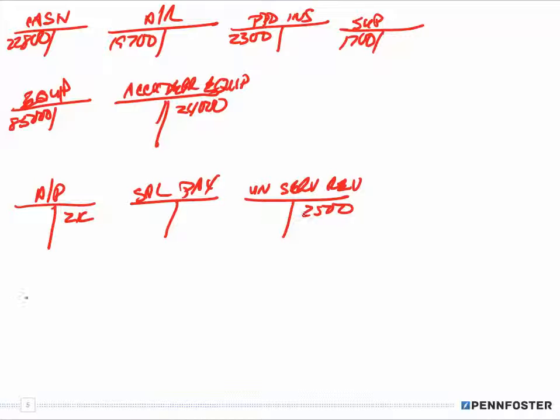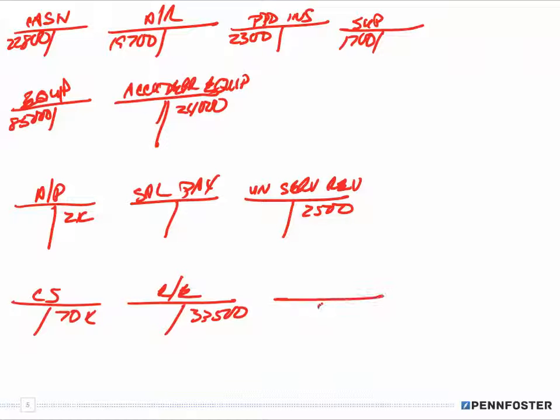Then we have our common stock with a balance of 70,000. Retained earnings with a balance of 33,500. And dividends with a balance of 8,100.